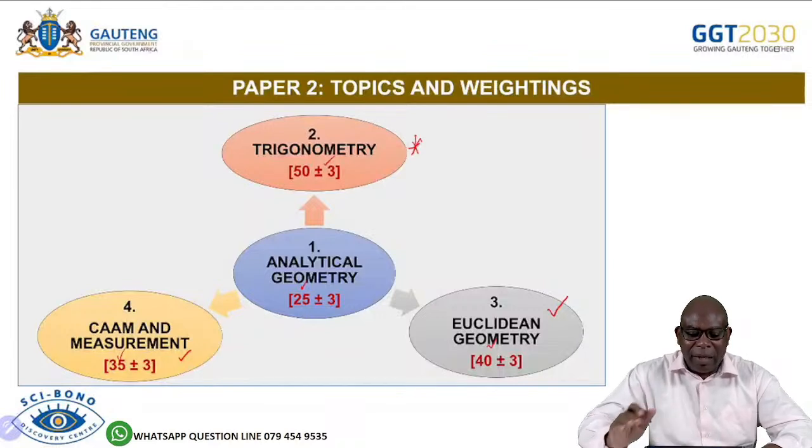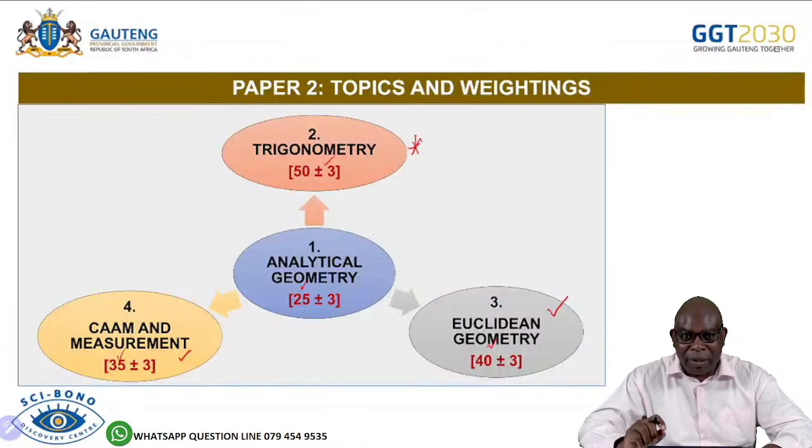So here what I've done is I've gone to the formula sheet, and I hope and trust you have your formula sheet in front of you so that we identify the formulas mostly used in paper 2. In analytical geometry, these are the formulas that we're going to be using. These are basic formulas that we're going to be using.